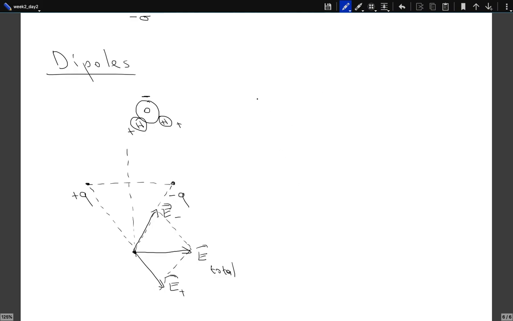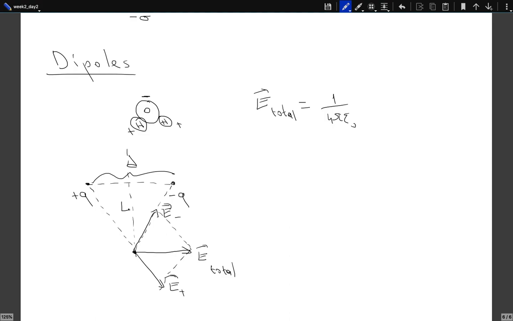And, well, let's calculate the total electric field. This positive charge at this point will create an electric field with magnitude 1 over 4 pi epsilon 0. Let me call this separation d, and let me also call this length L in this case.